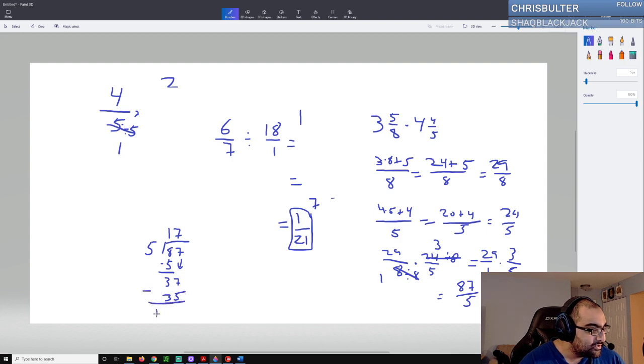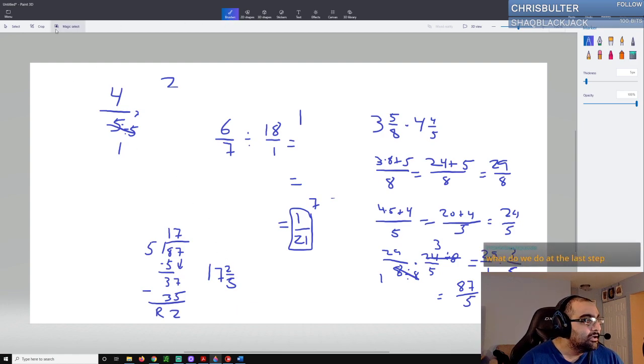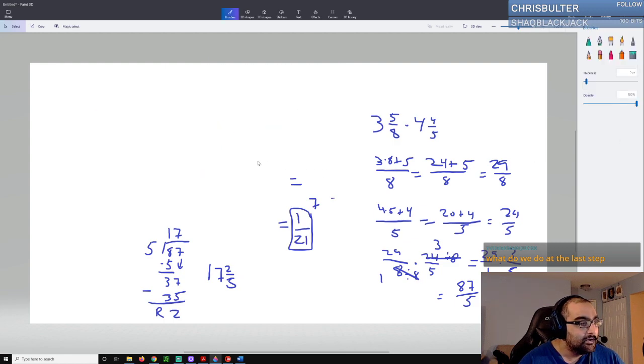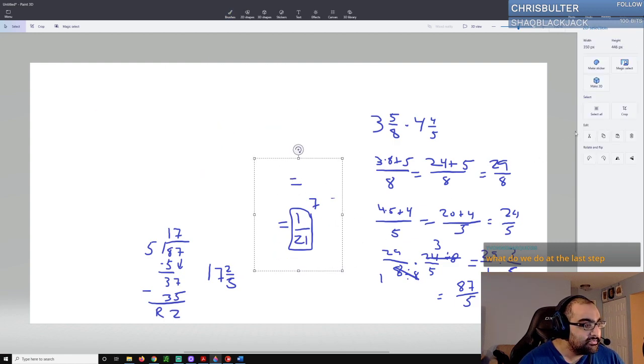So you get remainder 2. So 17 and 2/5 would be your answer here. So that's just showing you how you would get that by doing it by hand. That's a mixed number multiplication problem.